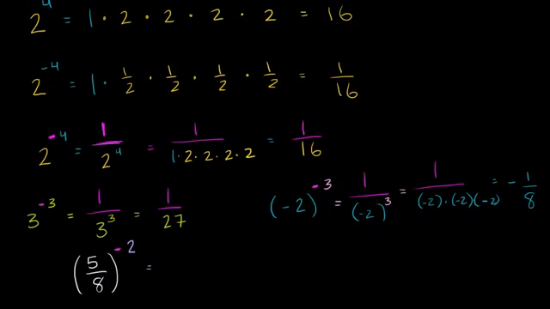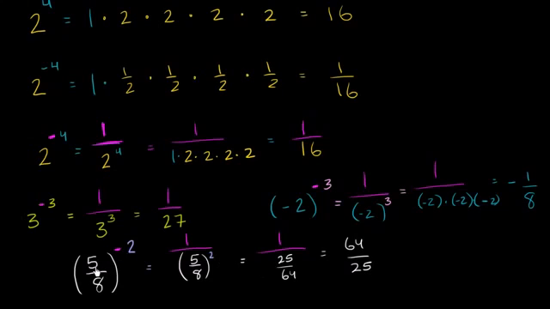So this is going to be equal to 1 over 5/8 times 5/8, which is 25 over 64. 1 over 25 over 64 is just going to be 64 over 25.